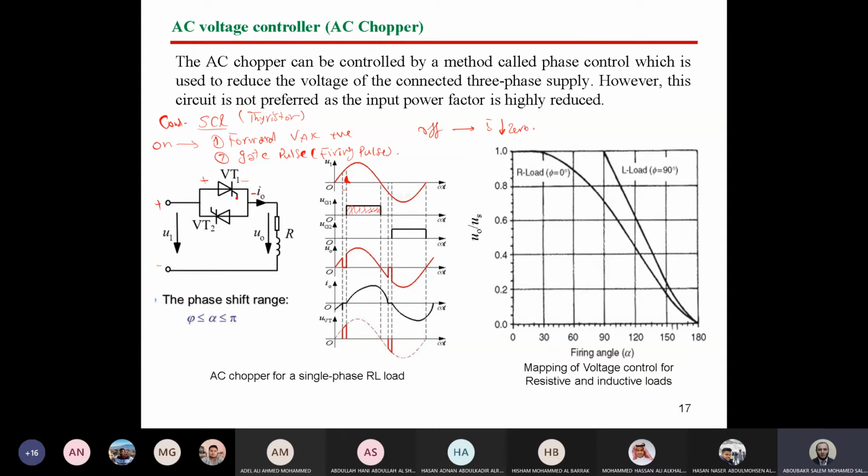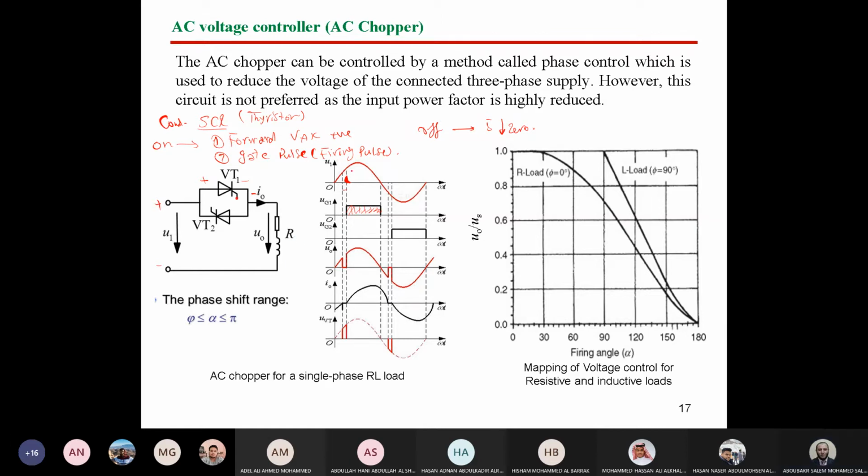Why do we need multiple pulses? If you missed one of the pulses, it may cause a problem, particularly for an RL load. So this is just for protection, to be sure that the thyristor will be turned on. If you missed the first pulse, the second pulse will be used to turn the thyristor on.